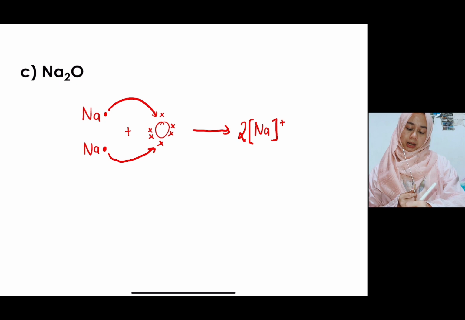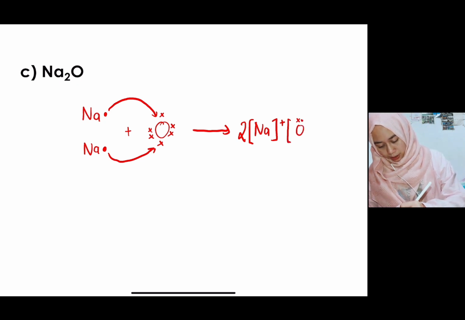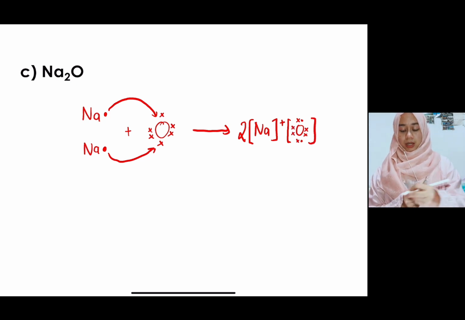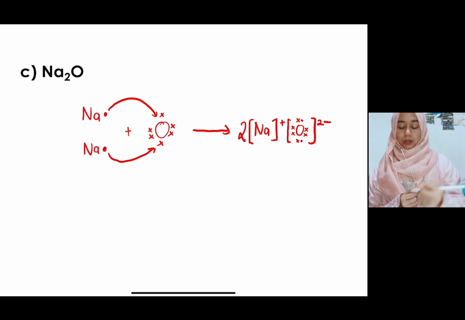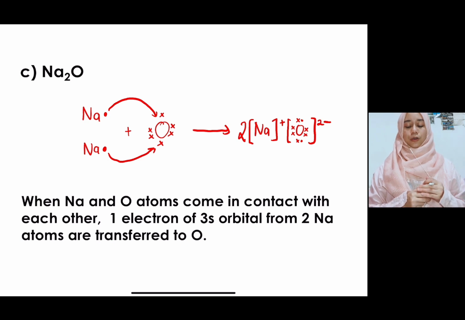Okay, and then kita ada oksigen pula, so oksigen pula since dia gain 2 elektron daripada kita punya sodium. Okay, therefore dia menerima 2, so dia punya charge jadi 2 negative. Okay, so this is how kita punya description untuk formation of ionic bond untuk Na2O.